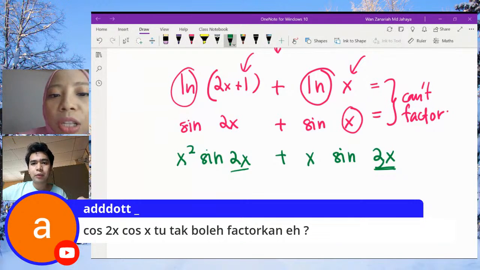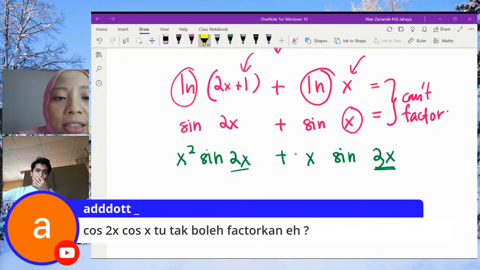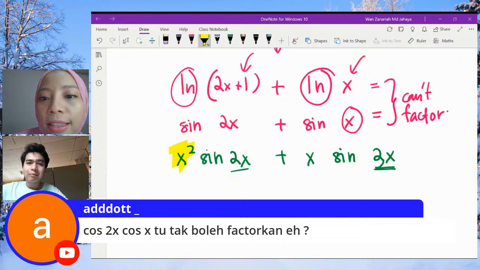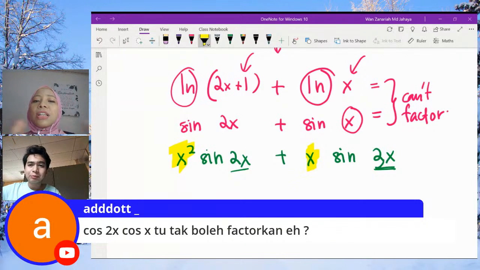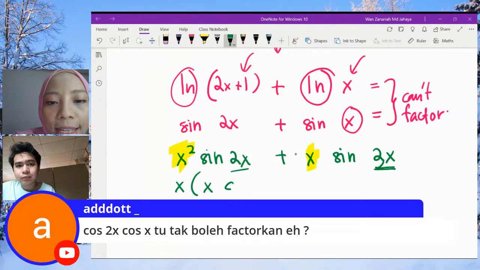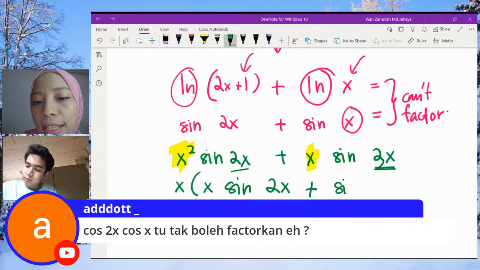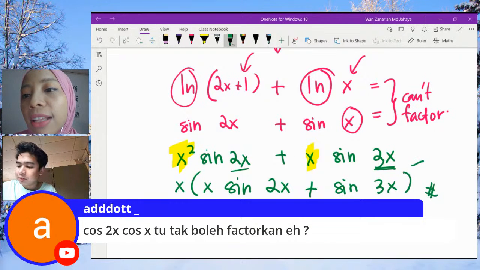Kita tahu ini orange, ini apple. Okay, contohnya ini U, ini V. Tapi apa yang kita ada sama, kita factor disebabkan oleh the X. Both function ada X. So apa yang kita akan factor is X sin 2X plus this one X. We have taken it out. So remaining sin 3x. Okay, this can be factor.